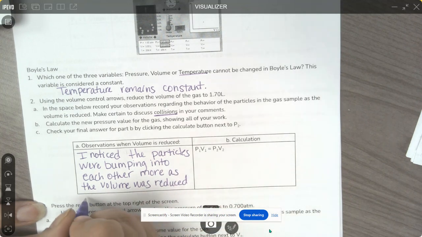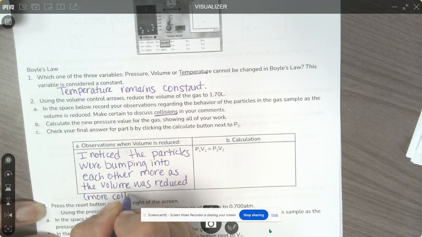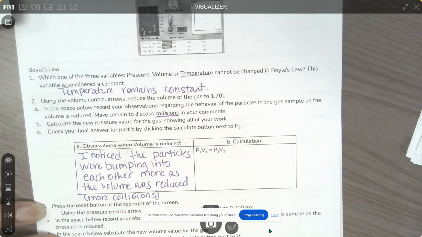And then you could put in parentheses, we saw more collisions. Okay? All right.